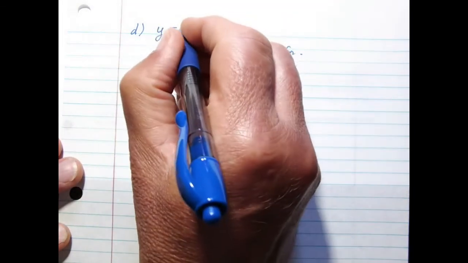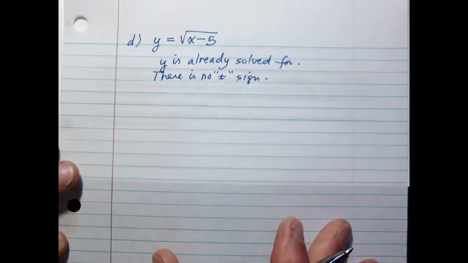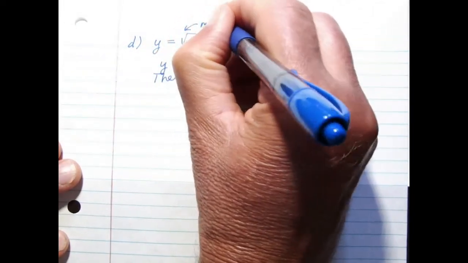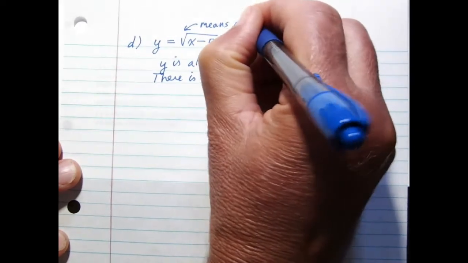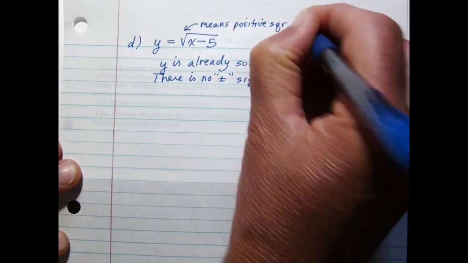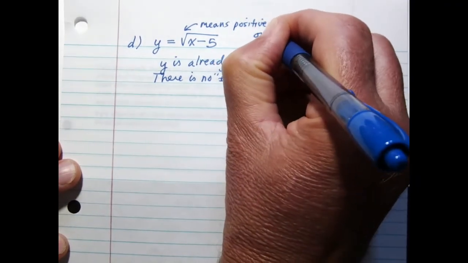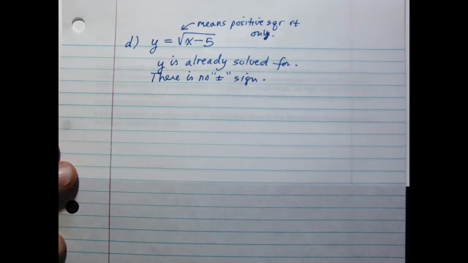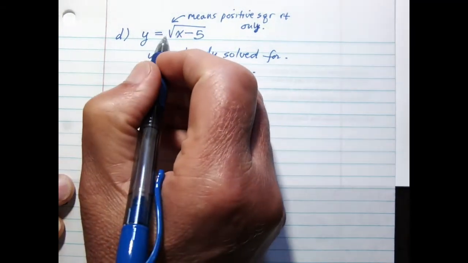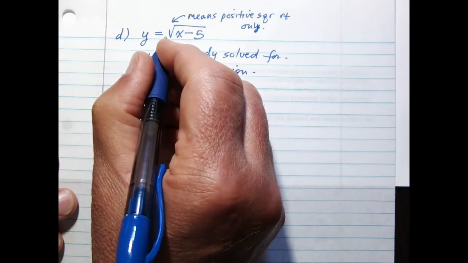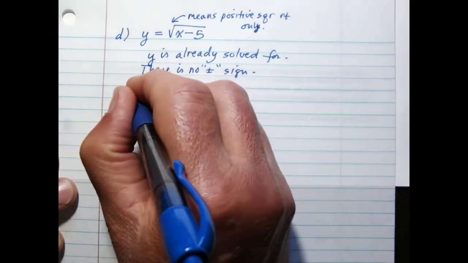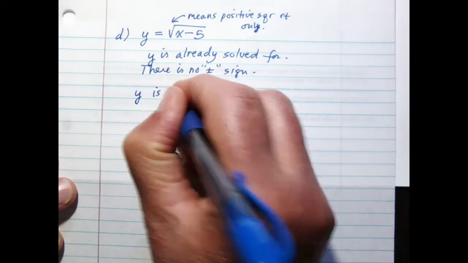If we start out with a radical sign, this means positive square root only. So in D, because we start out with that radical sign, because we do not have a plus or minus, because y is solved for, here y is a function of x.